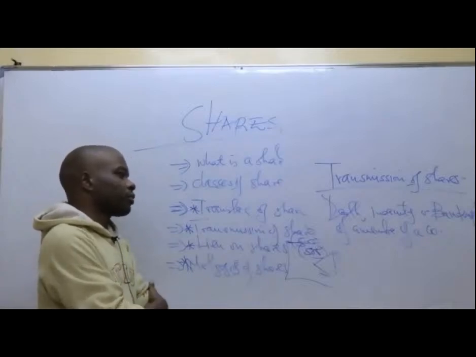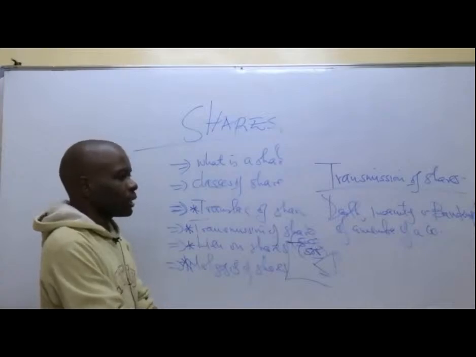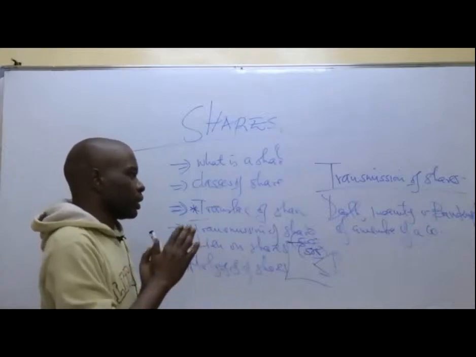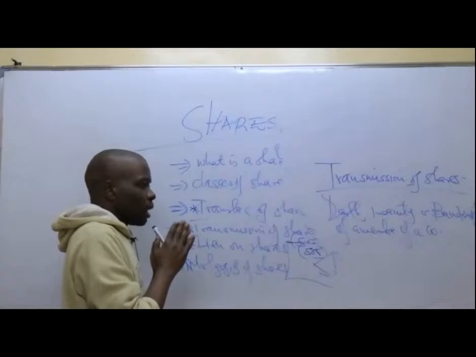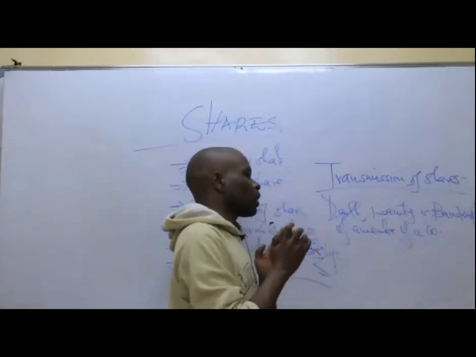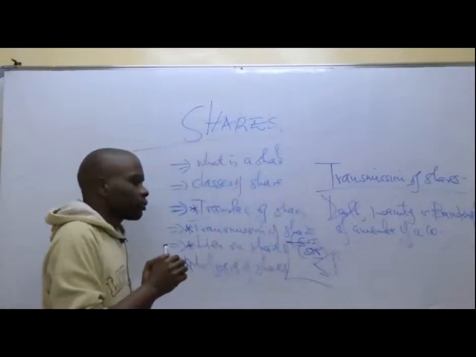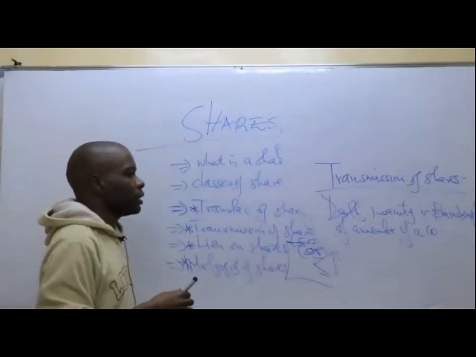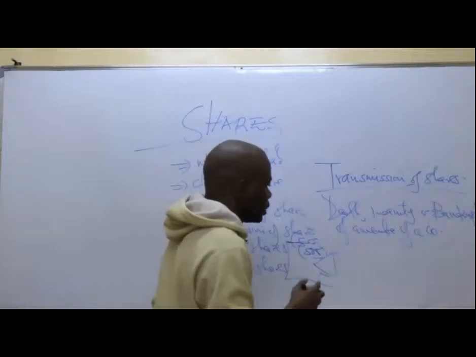So the shares will be transmitted, will be transferred. That particular process of transferring the shares from the person who has passed on, or from a person who is insane, or a bankrupt person, is what we call transmission. So the shares can be transmitted or transferred to the beneficiary.